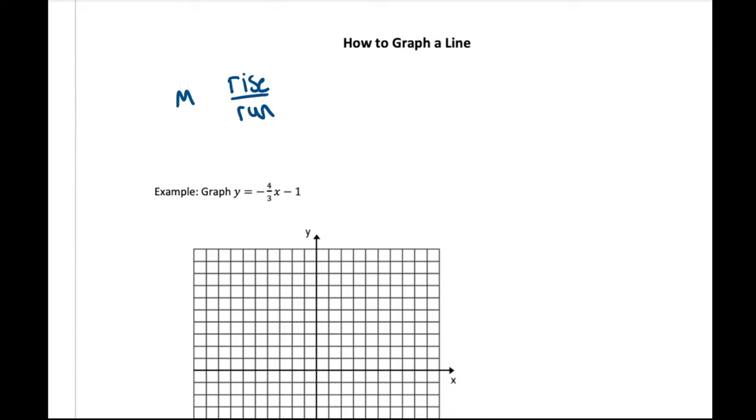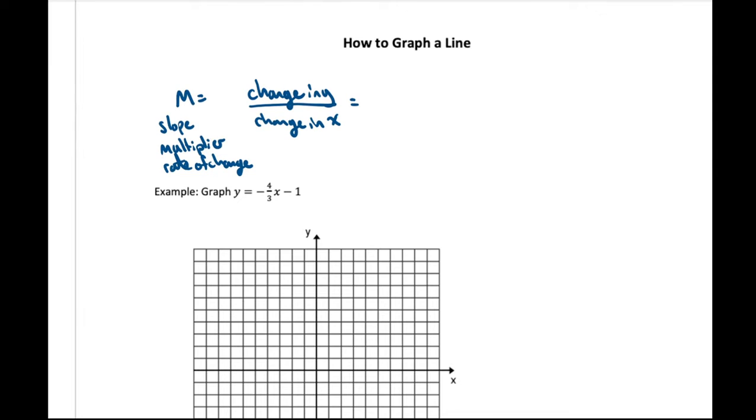And this is just another way to say what my multiplier is. In the past, I could say multiplier, m, slope, or rate of change. Again, all those terms mean the same thing. We've learned some new formulas. We know change in y divided by change in x.